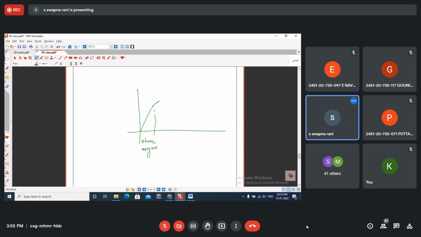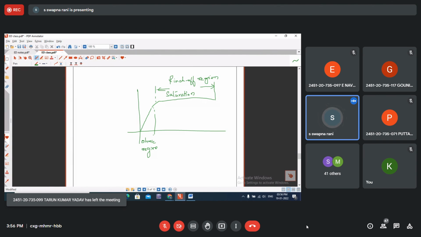Now the region where current becomes constant is called the pinch off region, or it is also called the saturation region. This is similar to the active region where we operate BJT for amplification.